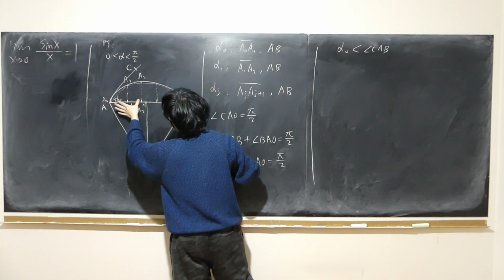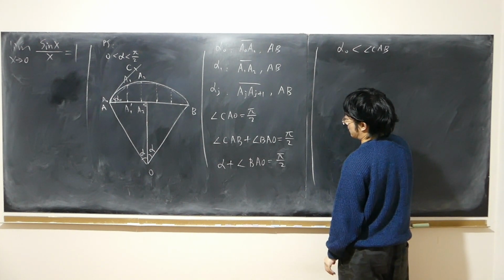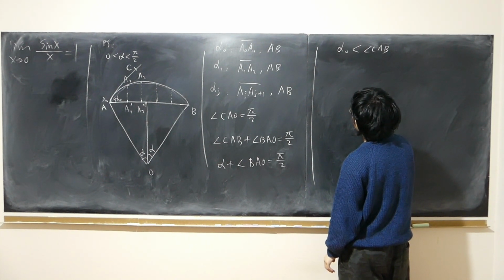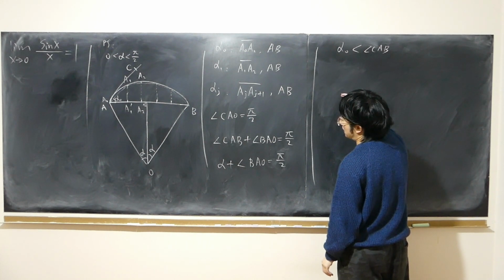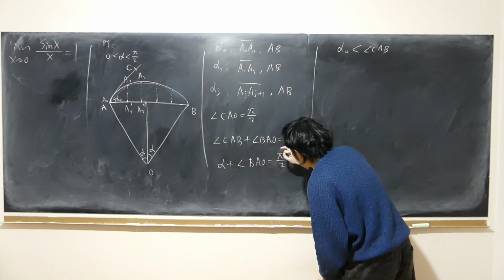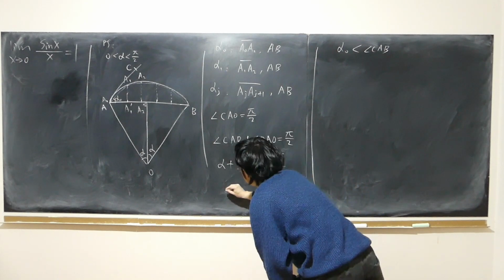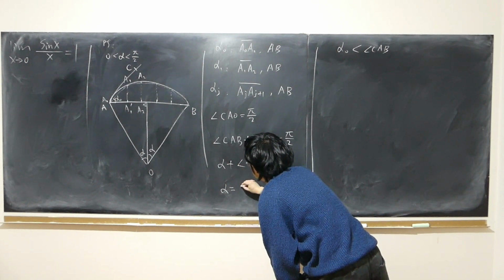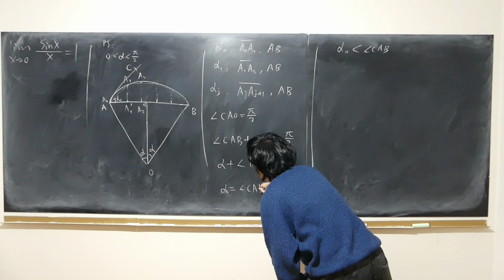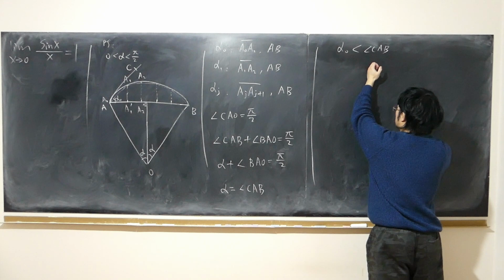So this inequality is obvious. Therefore, alpha naught is smaller than angle CAB. So first of all, from this equation, half pi, BAO, I immediately see that alpha has to equal angle CAB. Then alpha naught is smaller than angle CAB.